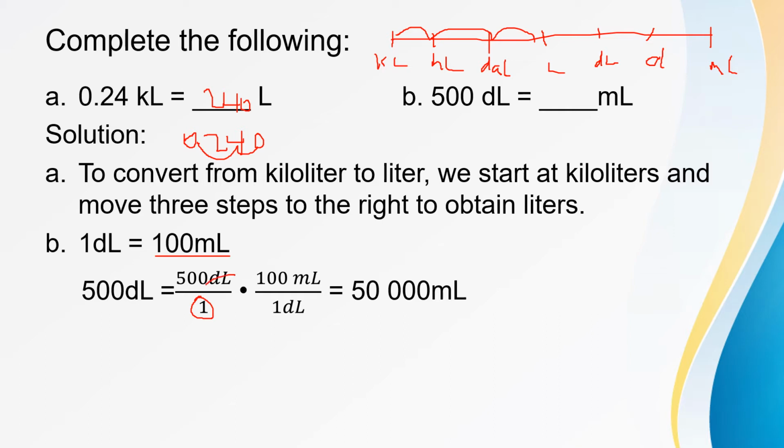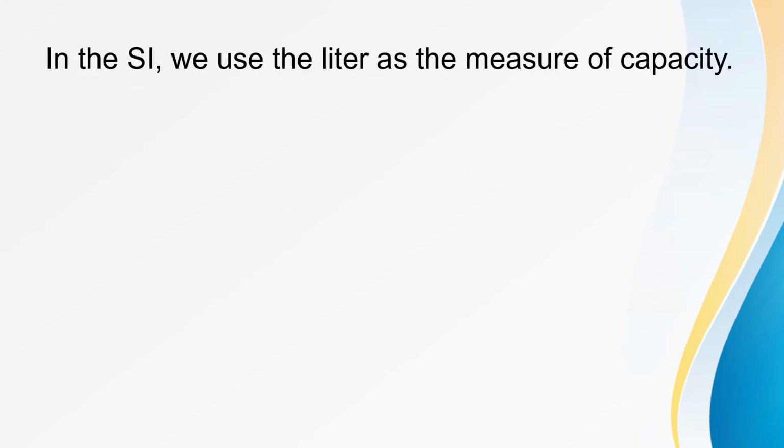Then cancel the units. 500 times 100 is 50,000. What you do is copy the 4 zeros, and then 5 times 1 equals 5. That's the technique if you are working with zeros.